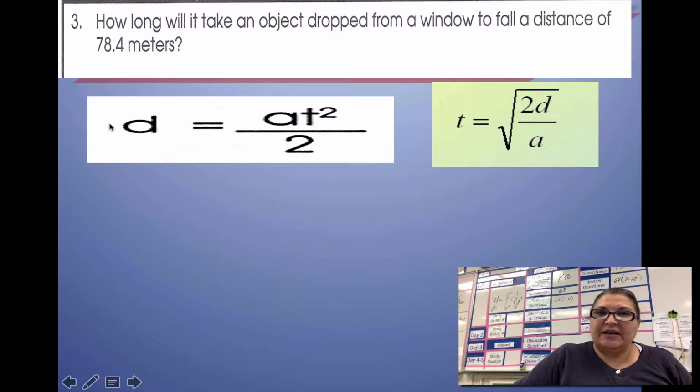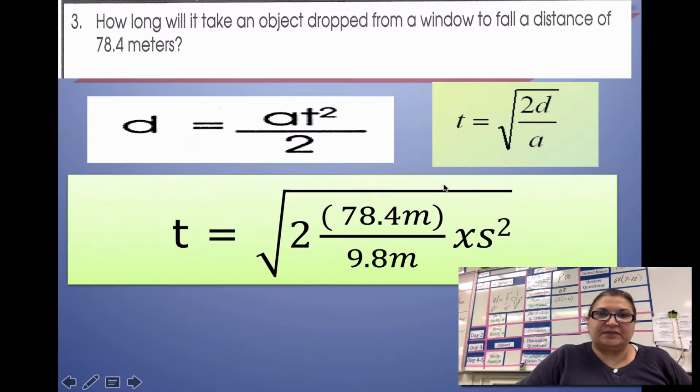You cross multiply, so you multiply by 2, so it's going to be 2d, and then you divide by a on both sides. You end up with t squared, so you take the square root of 2d over a. But we're just going to plug in the values.